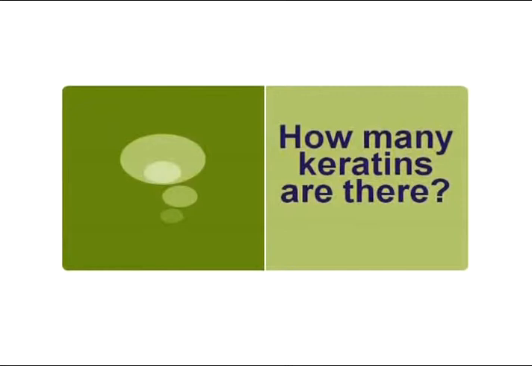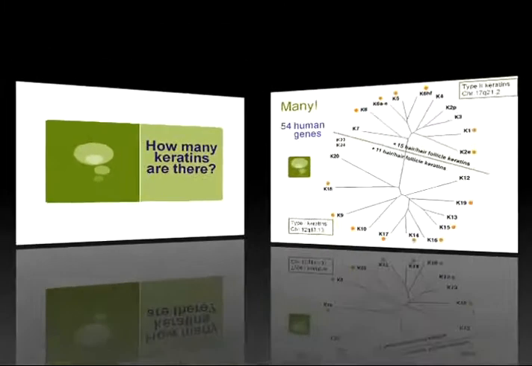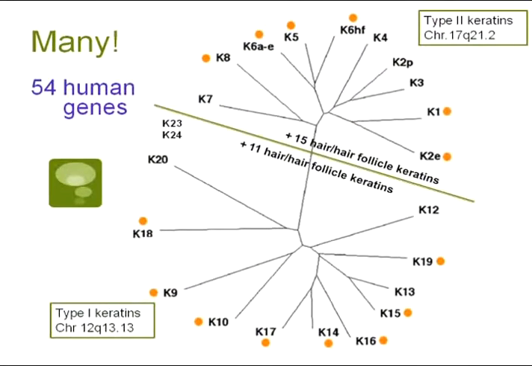There are many different keratins. As Francis has said, with sequencing the human genome, we found that there are 54 distinct genes which produce different types of keratins. Based on their chemical properties, they are split into type 1 keratins, that's shown down here, and type 2 keratins.